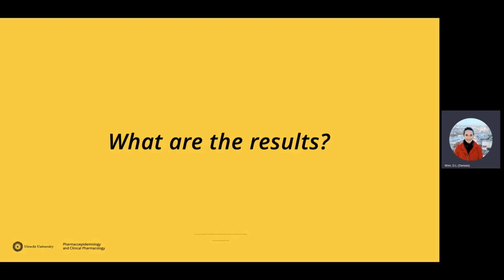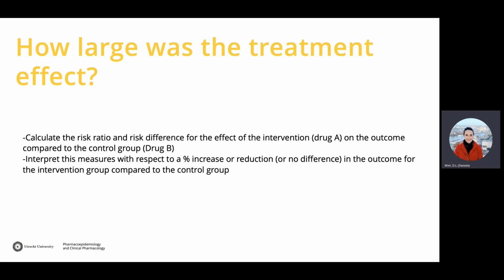So we have to ask ourselves, what are the results? The first question we want to answer is, how large was the treatment effect? In order to answer that, we need to calculate the risk ratio and the risk difference for the effect of the intervention or drug A on the outcome compared to the control group or drug B. Then we interpret these measures with respect to a percent increase or reduction or no difference in the outcome for the intervention group compared to the control group.